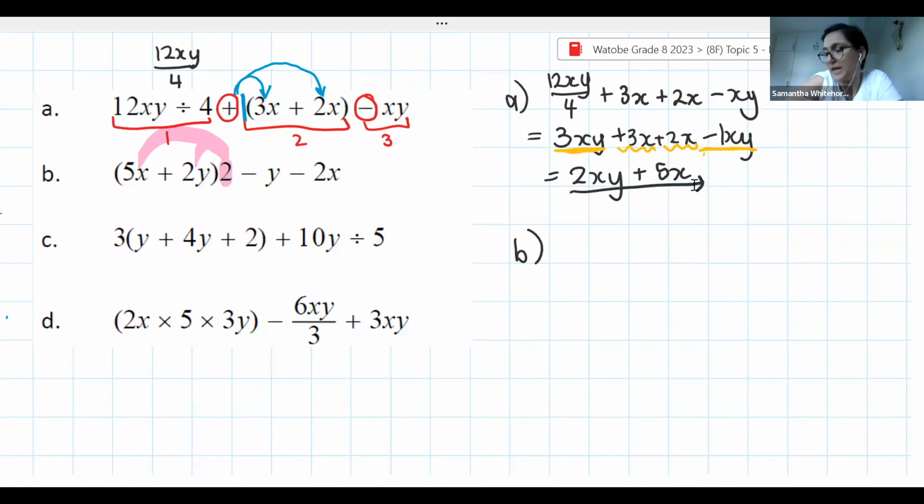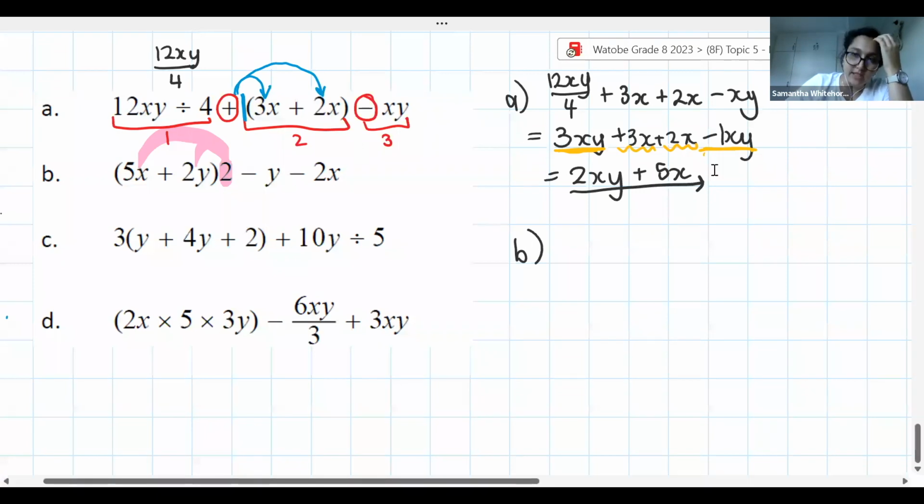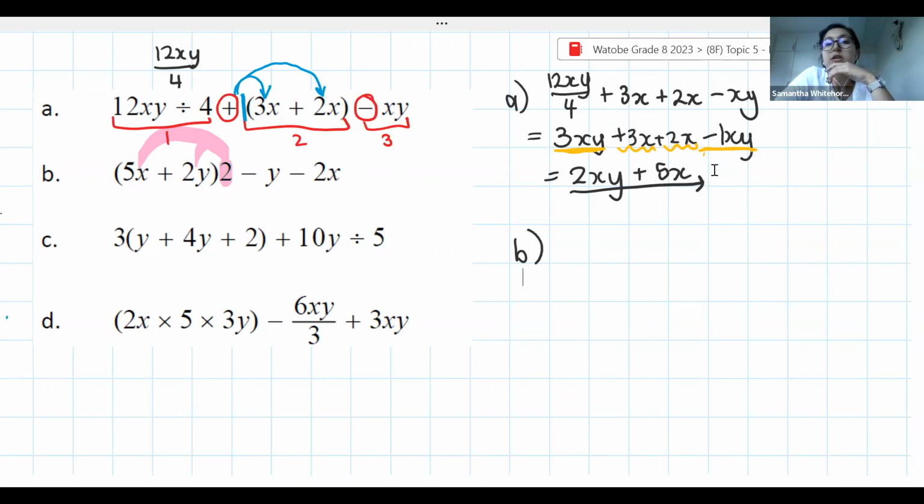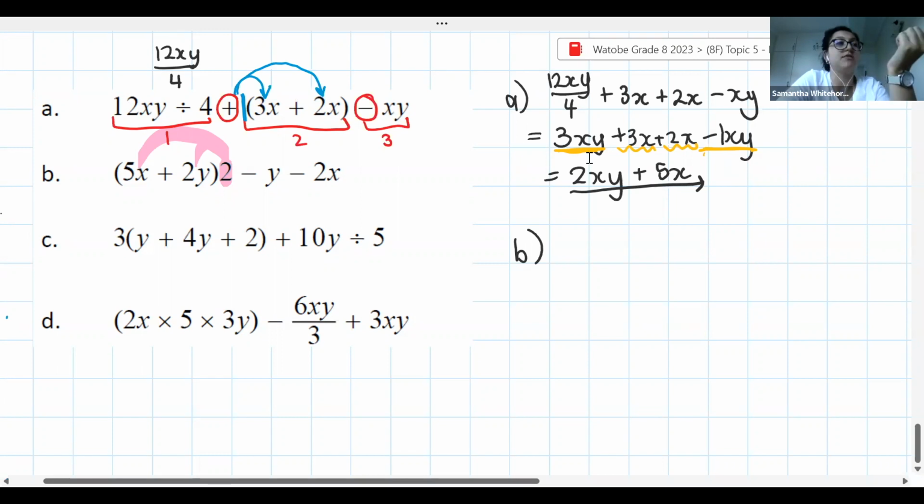Guys, that's a good point. Unfortunately, with algebra, it's very rare that we can ever check our answers because we have X's and Y's. We can't put X and Y in our calculator to simplify an expression. So it means that we can't really use our calculator. So this is where we need to be very careful with our addition, subtraction, multiplication, and division.